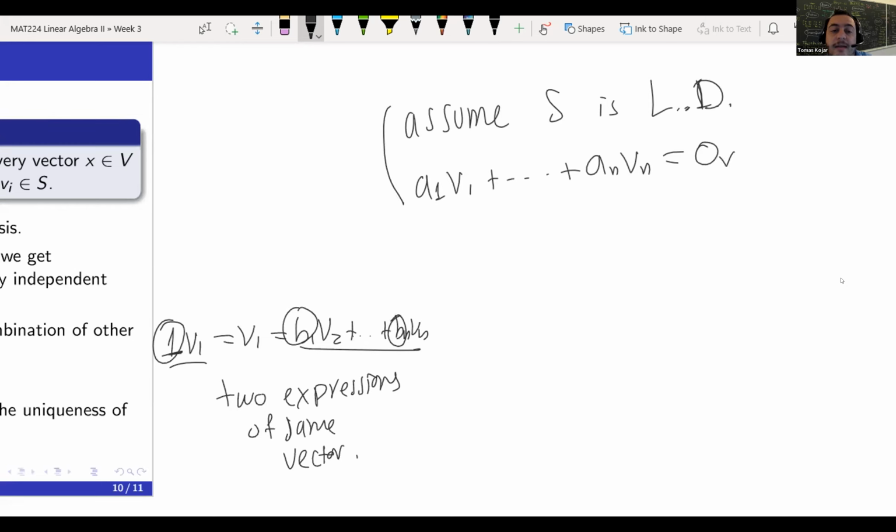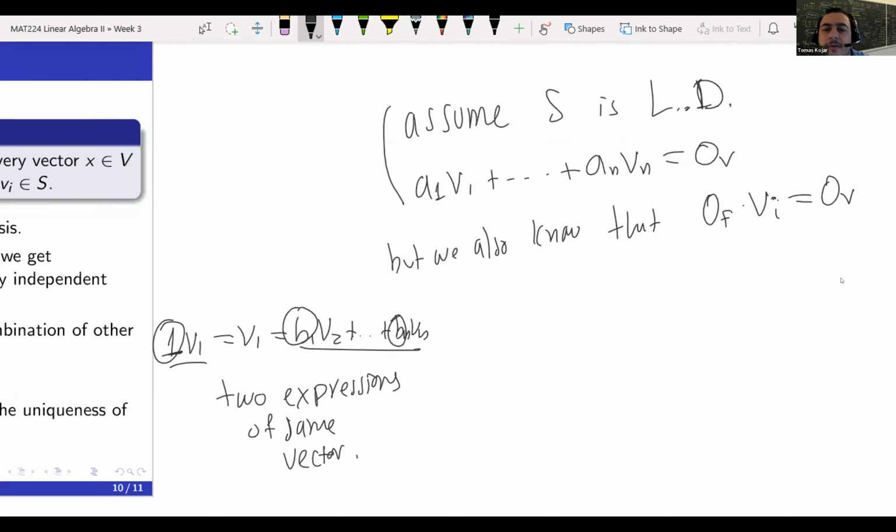So you have that, but we also know that 0 times vi is the zero element. So this is something we proved last time.